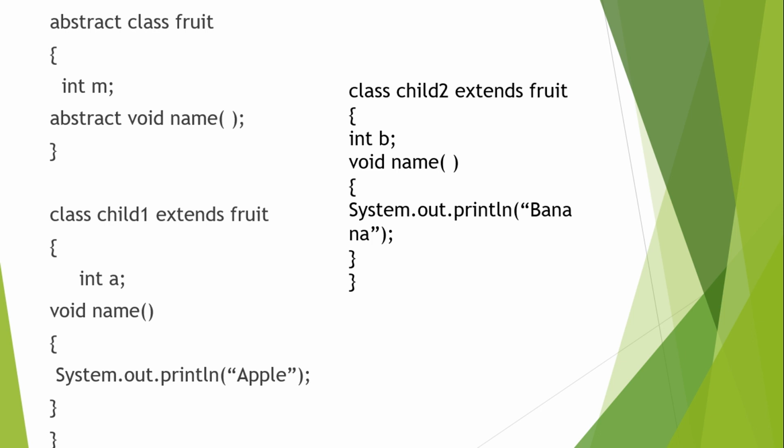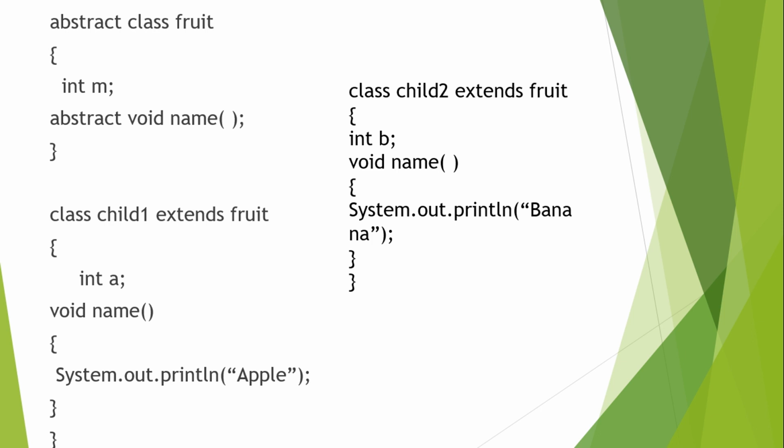But if the method is abstract, then you have to create the body in the child class. Here we can see we have a data member integer b which is not being used. It's okay, it doesn't matter. Now again I am creating the body of the name method, which is System.out.println banana. So I have created the body of the abstract method in the child2 class, which is extending the Fruit class, and I have just printed banana.